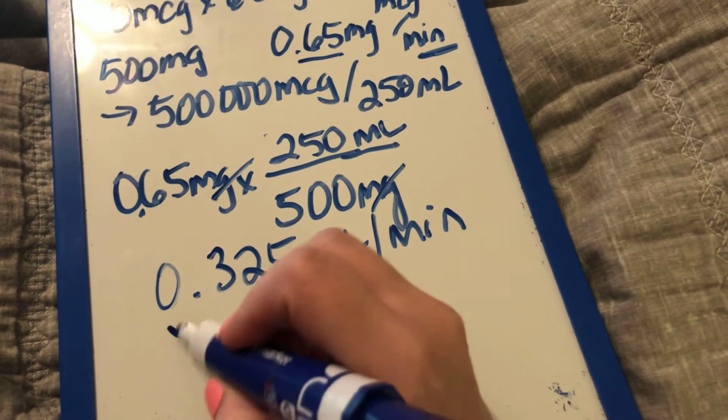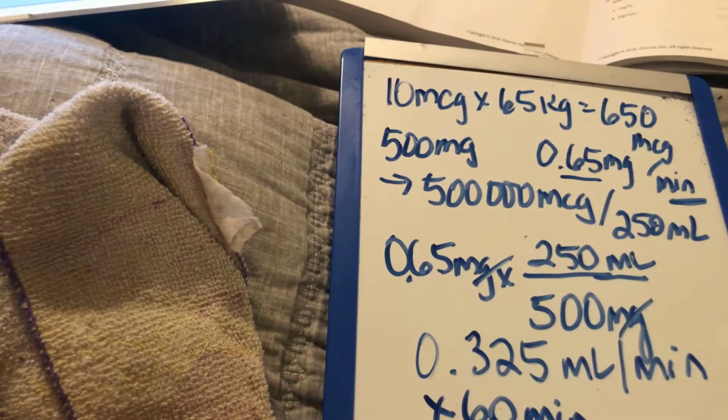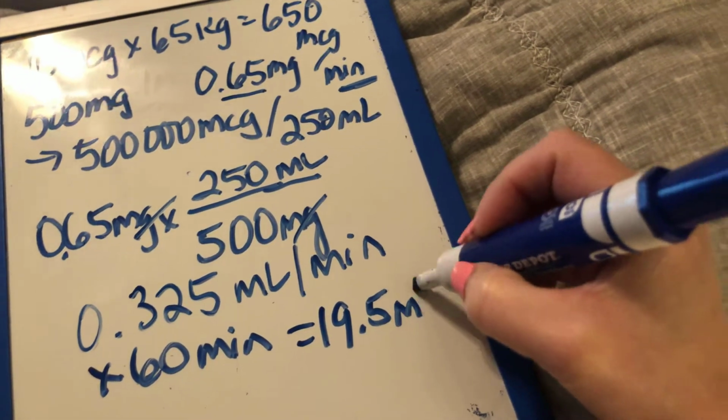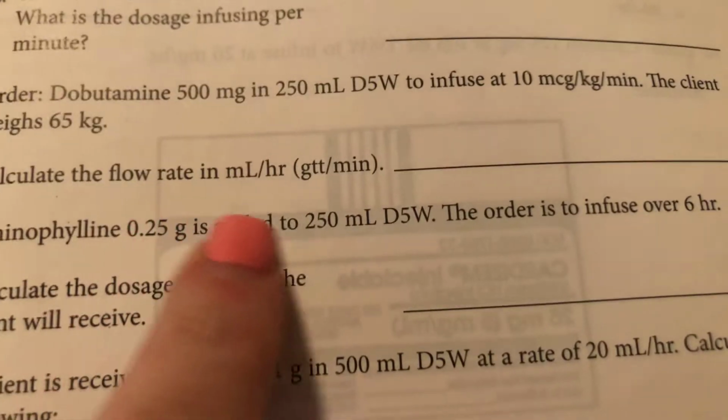So then we multiplied this times 60 minutes, and that gives us a rate of 19.5 milliliters per hour. All right.